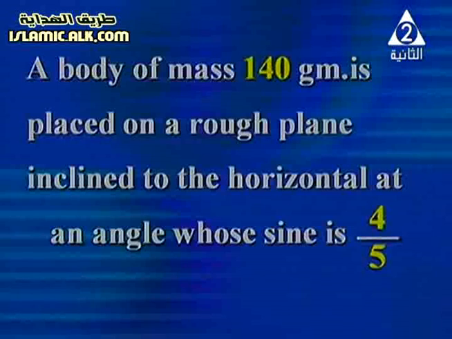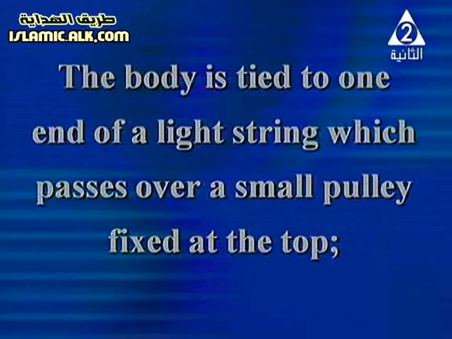Dear student, look at this important example. A body of mass 140 gram is placed on a rough plane inclined to the horizontal at an angle whose sine is 4 over 5. The body is tied to one end of a light string which passes over a small pulley fixed at the top.